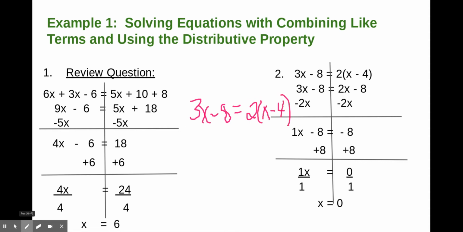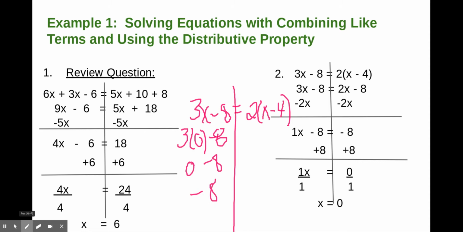So if I put the 0 in, that's 3 times 0, which is 0, and 0 minus 8 is -8. That's what I get on the left side. On the right side here, I have 2 times 0 minus 4. Well, in parentheses, 0 minus 4 is -4, and 2 times -4 is -8, and -8 equals -8.